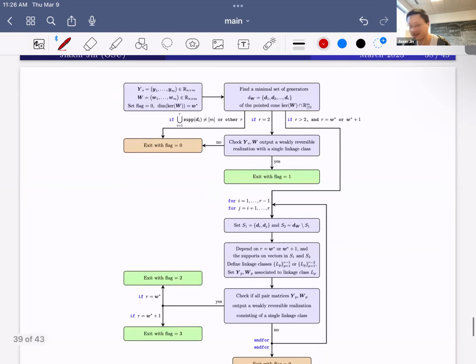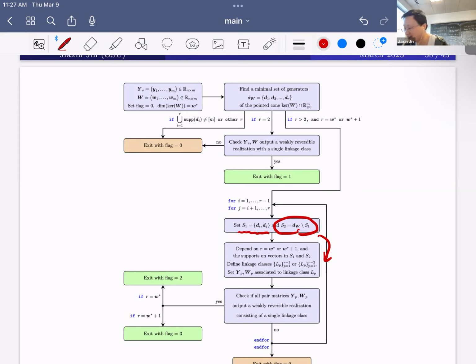And this is the flow chart. So you can see, we can just randomly pick 2 generators and look at the rest of them, and then use this rest of the set of generators to build the linkage classes. And then we can check whether it is realizable or not. Then upon the result, we can figure out whether we have a type 1 network or a type 2 network.